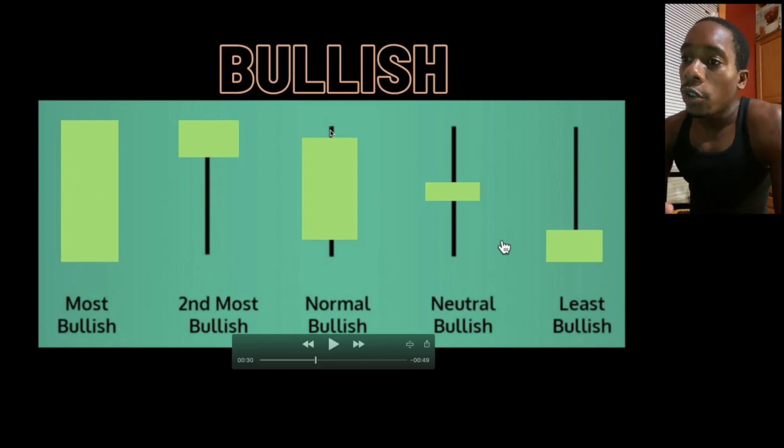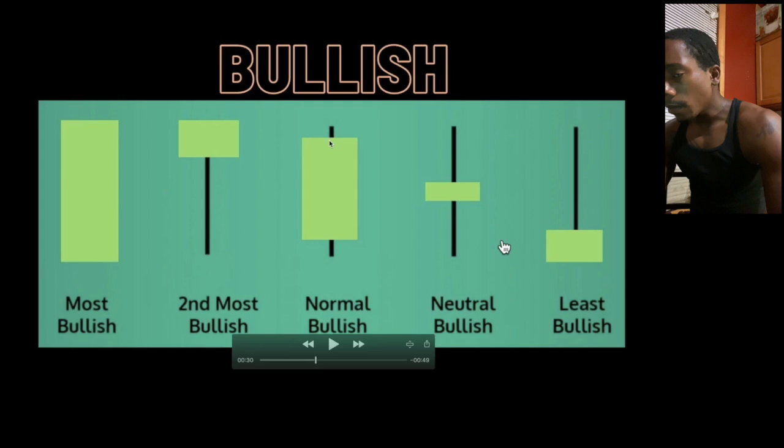Because here you have sellers that are stopping it. So you get this wick at the top here. This is from my observation, right?